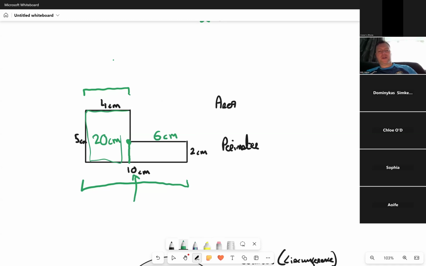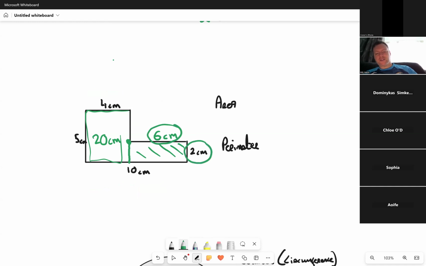So you took the 4 from it and you knew that this must be 6, yeah? Yeah. And you knew that you needed that length, that 6, because you're getting the area of this and you need the base of it or the width of it, which is 6, and the height of it, which is 2. Yeah, and you multiplied the two of them and you got 12. Lovely.